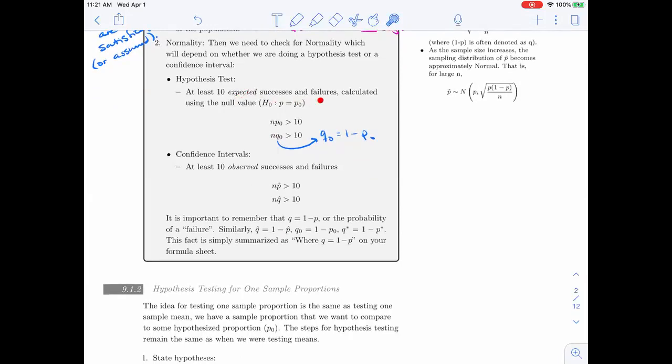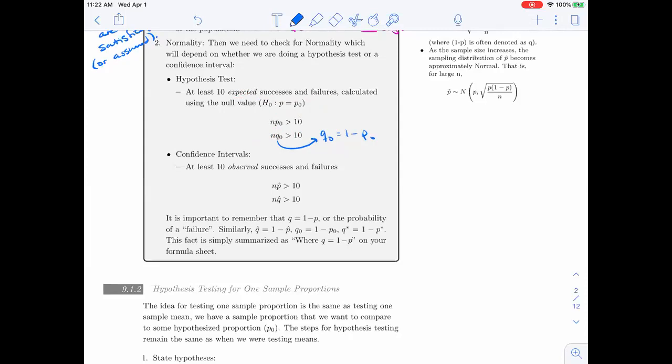So this is the expected number of successes and failures if the null hypothesis is true, right? All you do in your calculation, and we've done these calculations for the binomial, is check that NP has to be more than 10 and NQ has to be more than 10.